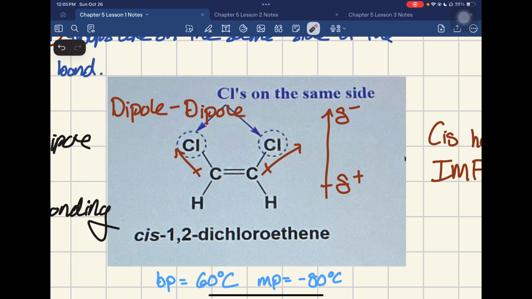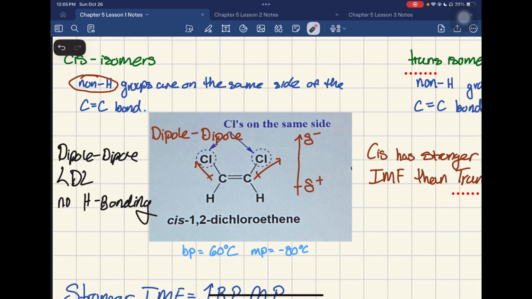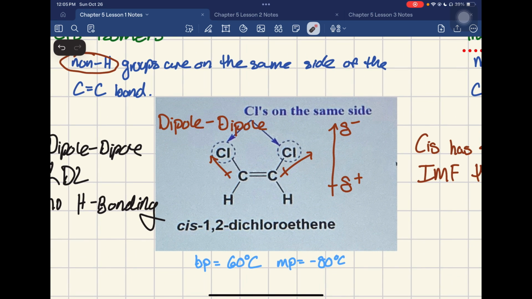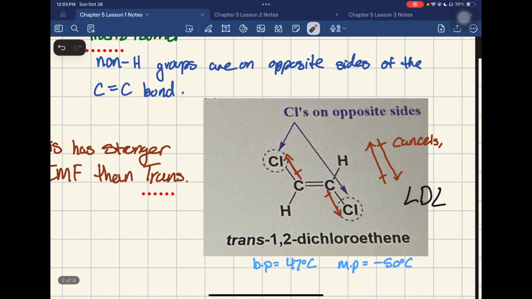When you take the tip of this and you attach it to the tail of this, they don't cancel out, right? You get a dipole moment that looks like that. Or maybe it's at a different angle, but right now I just draw it like that. But pretty much these forces, they don't cancel, right? That electronegativity does not cancel, which makes the molecule polar. So we know that the cis molecule is going to have a dipole-dipole.